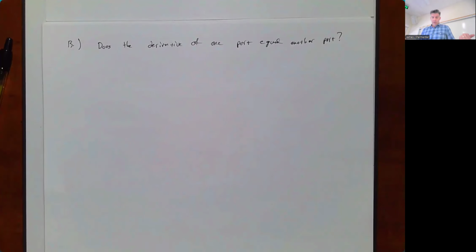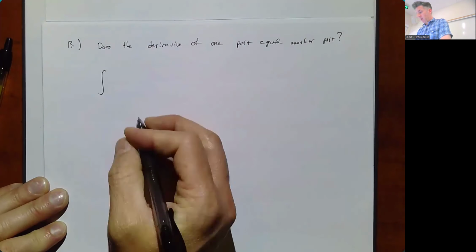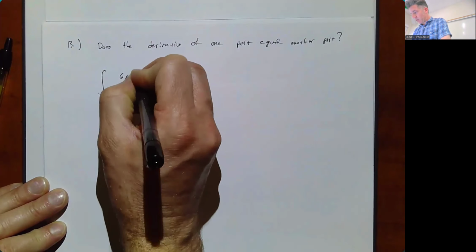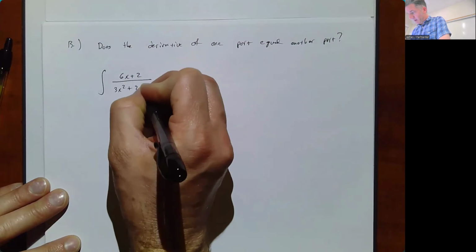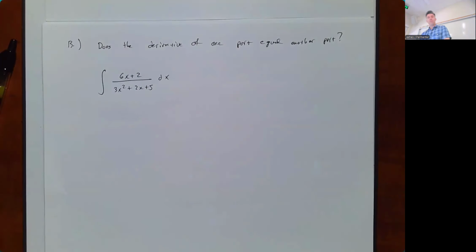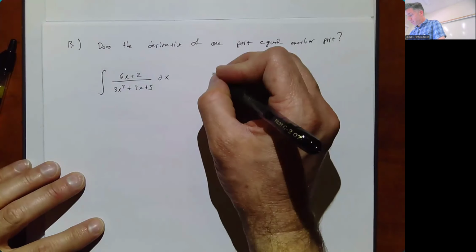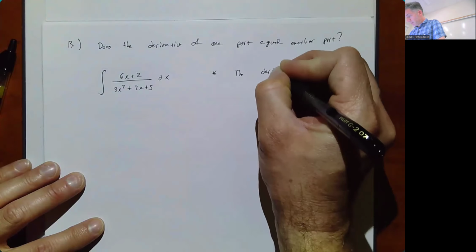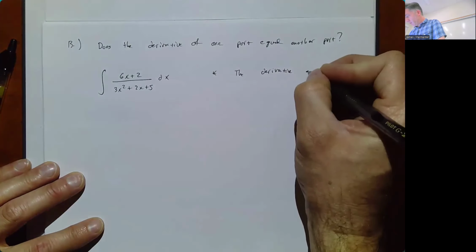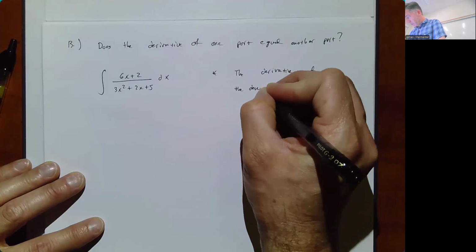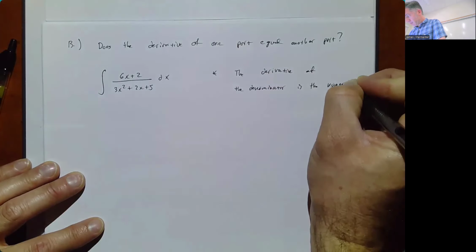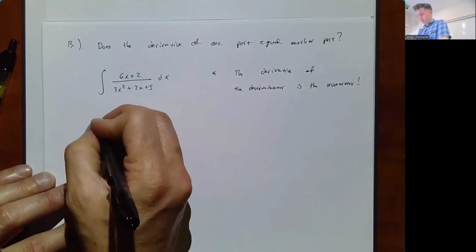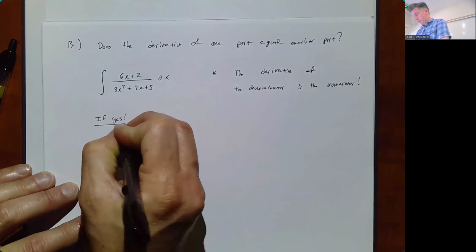For example, I could say the integral of 6x plus 2 over 3x squared plus 2x plus 5. In this case, yes, the derivative of the denominator is exactly the numerator. I wouldn't normally write this, but so if the answer is yes, then try a U sub.